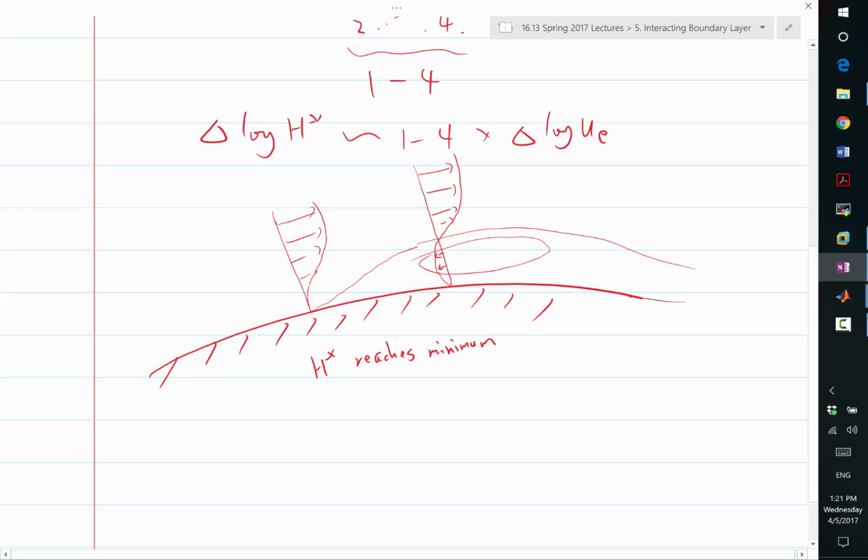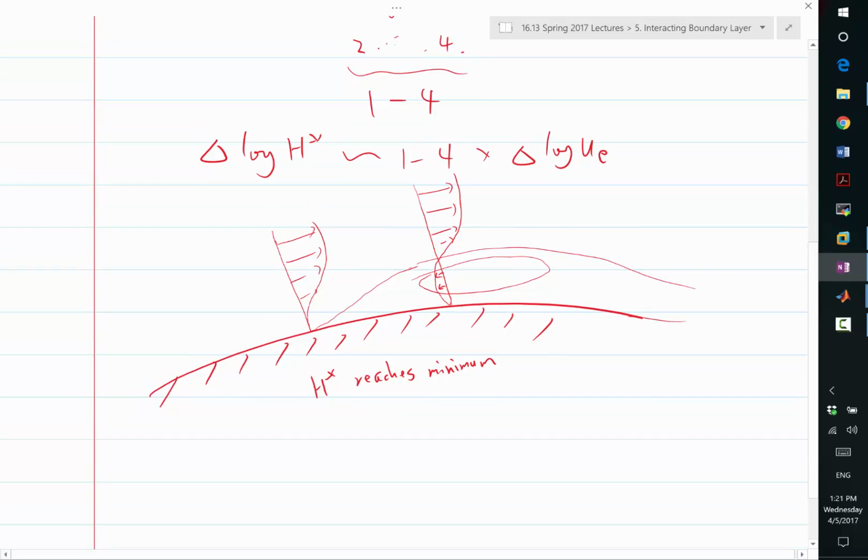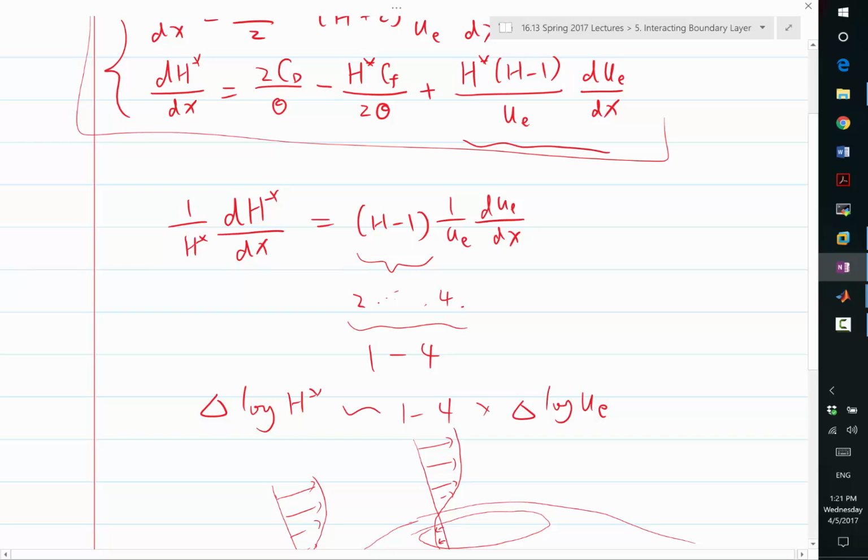There is a clearly defined H star here, and that H star can only be greater than the H star here, right? So what happens to the second equation? What is making H star increase as opposed to further decreasing?